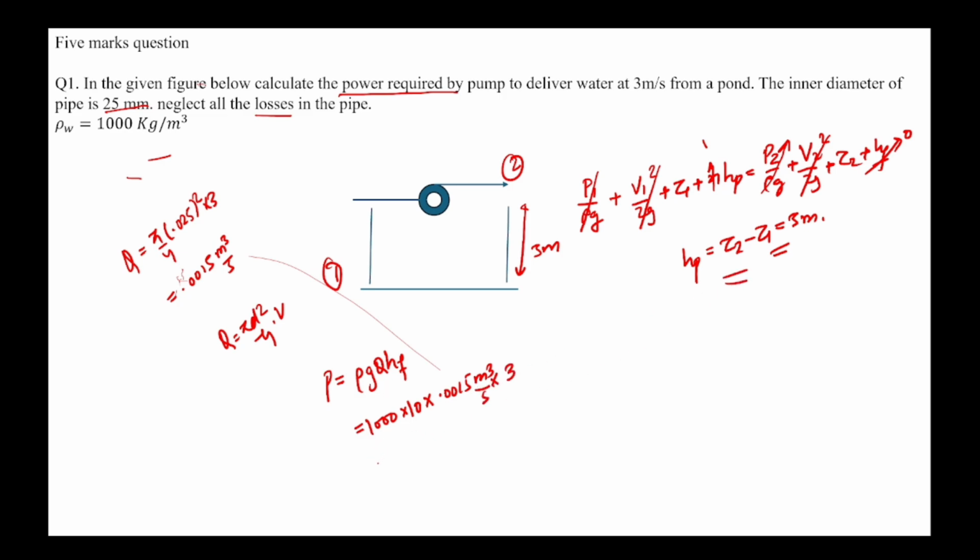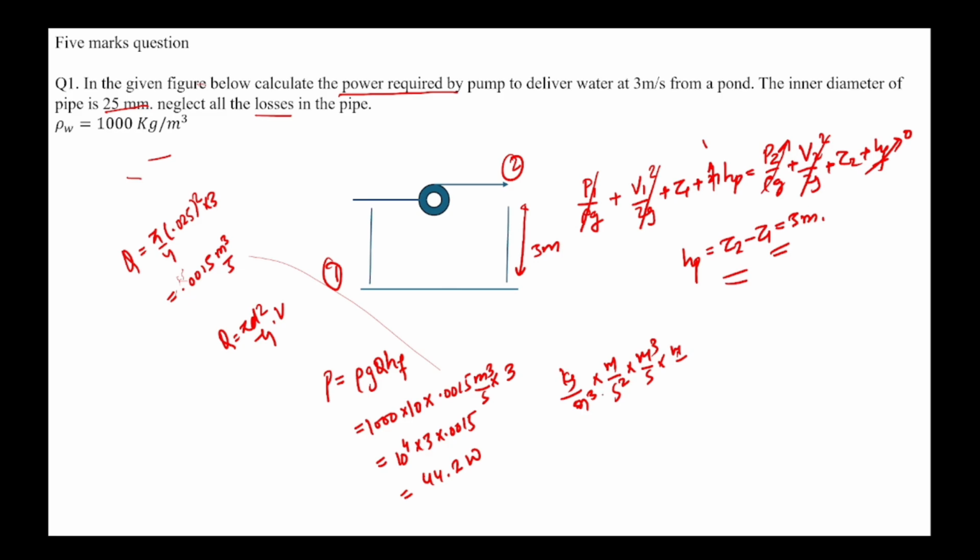Okay, so 10 to the power 4 into 3, it will give the value 44.2 watt. The units: kg per second meter cube into meter per second square into meter cube per second into meter.